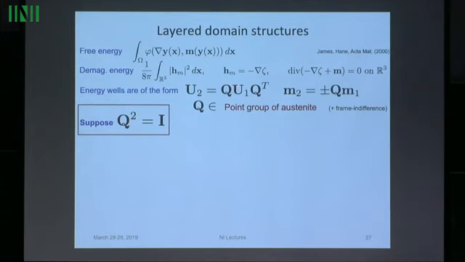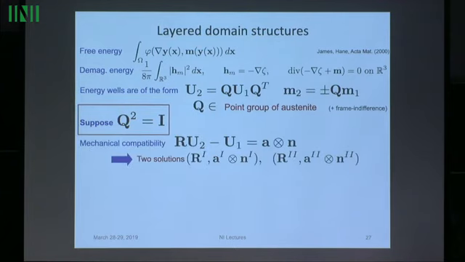So if U1 and M1 define one energy well, and you take Q, an orthogonal transformation in the point group of the austenite phase, so maybe a rotation matrix of a symmetry operation of the austenite, then you do this operation on the U and you do this with the same Q on the M, you get another energy well. Now, many of these Q's have square identity, and so assume that for a second, and then let's look at our compatibility equation.